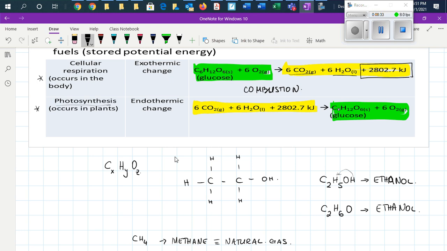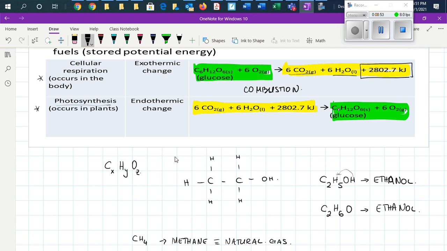The glucose that is within the chlorophyll and all that stuff from bio is combined with the oxygen, absorbing the oxygen of the air, and releasing carbon dioxide and water.